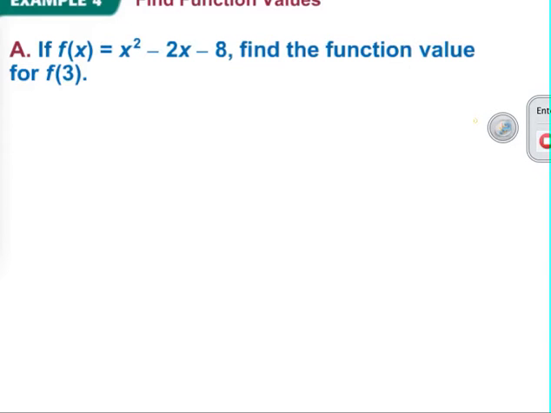You should be able to handle it. Okay, let's see what you get.